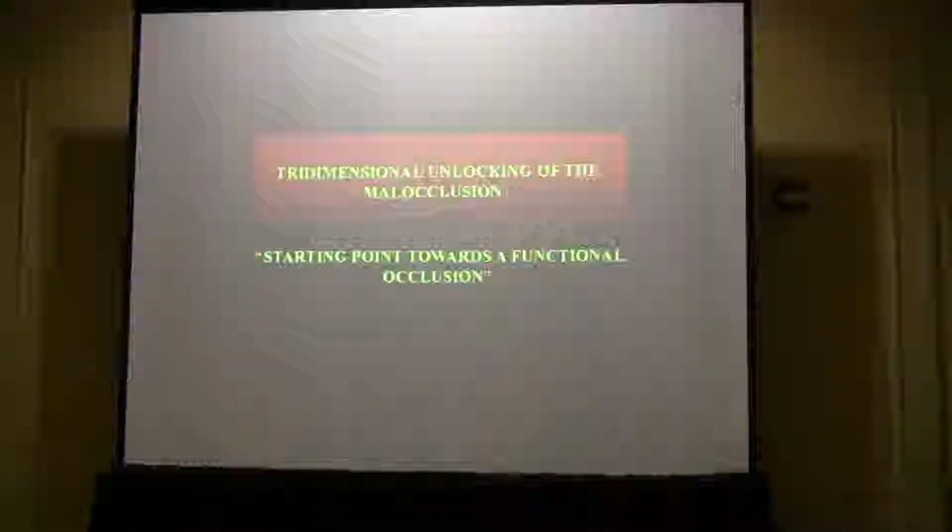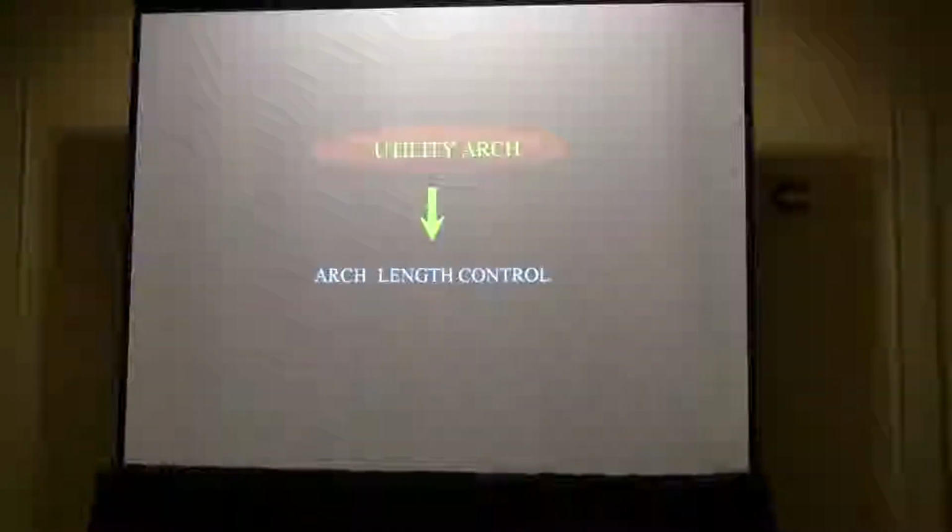Let me share some clinical tips about this concept. When I talk about utility arch, we are talking about arch length control. A mixed dentition class 1 with anterior crowding.